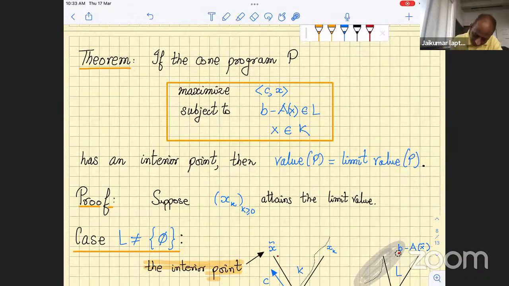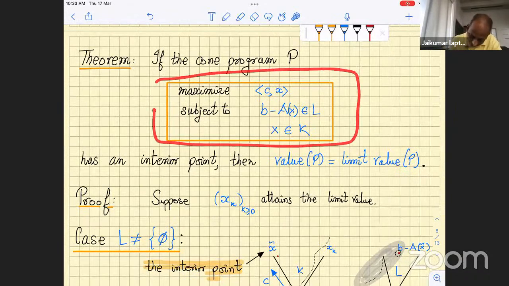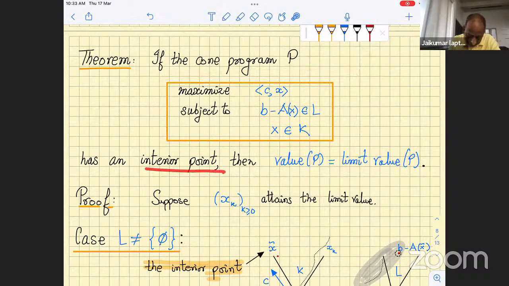So once again, this is my cone program, and the assumption is it has an interior point, and then our conclusion is going to be this. We are going to say that there is a limit value, let's say gamma. We should be able to show a sequence of points which takes value limit value minus epsilon for every epsilon.